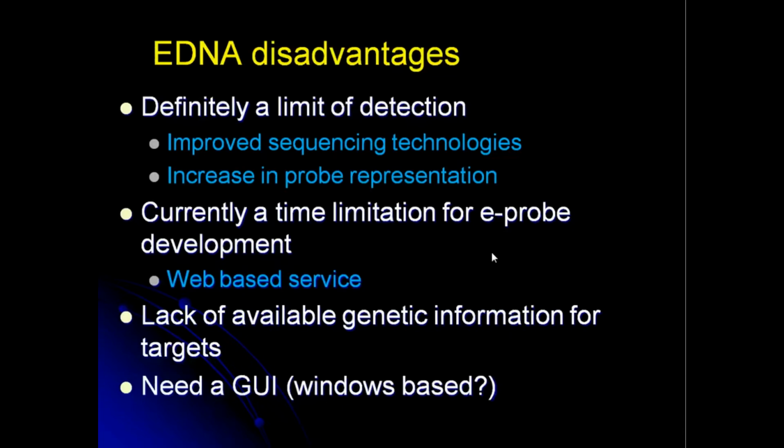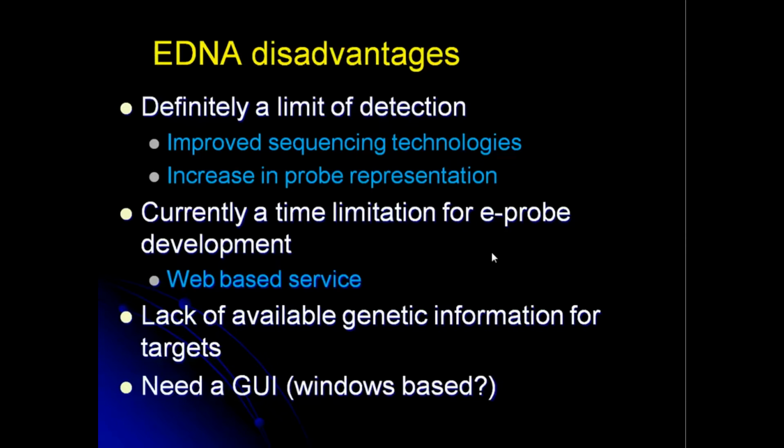As you change platforms, Illumina provides you a lot more reads. PacBio provides you a ton more sequence information than the 454 Juniors that we started with. When we started with 454, it was simply because that was the only available platform at the time that had long enough reads to do what we needed to do. Now they all have what we need. So improving sequencing technologies will definitely improve our limited detection.